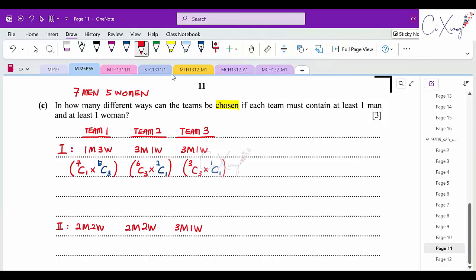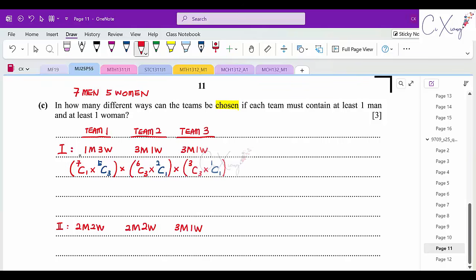Alright, and what should we do to complete the case? Like what I told you earlier, when you want to calculate the combination within case number 1, by right you should multiply them. Therefore, for team 1, team 2 and team 3, to get the number of combinations, you have to multiply them because all of them are within the first case.